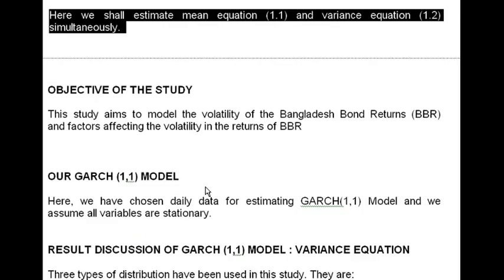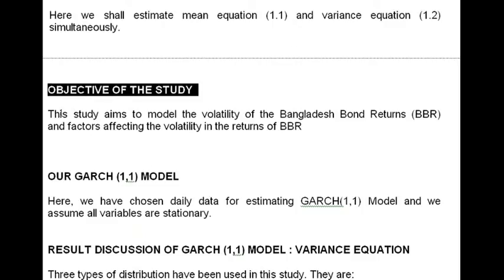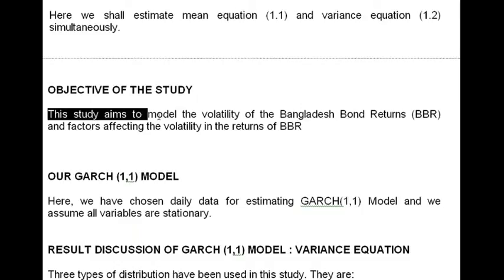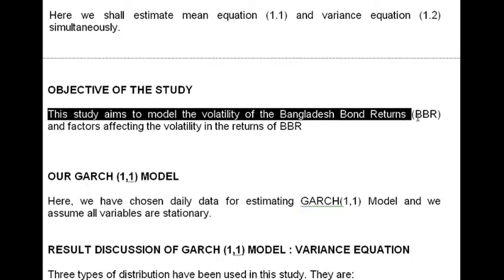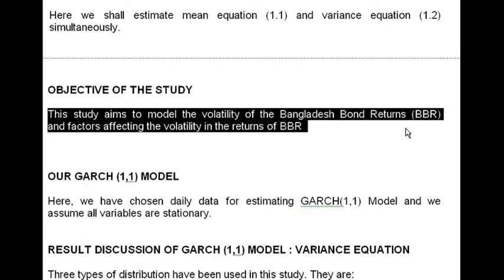Then I talk about the objective of the study. This study aims to model the volatility of Bangladesh bond return and the factors affecting the volatility in the returns of BBR.